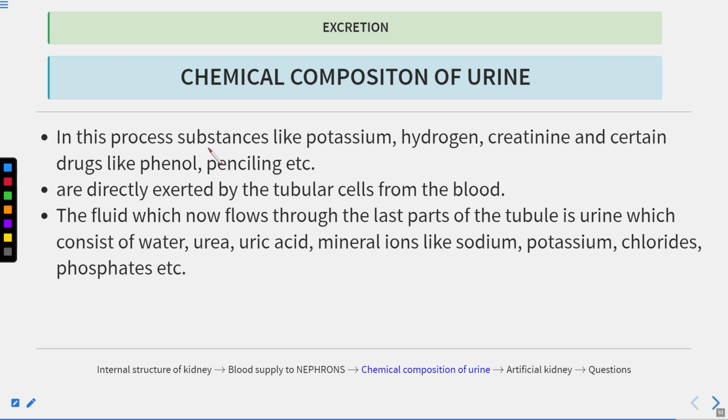Now, in the process, substances like potassium, hydrogen, creatinine, and certain drugs like phenols and penicillin are also expelled out. These are directly excreted by the tubular cells from the blood. Now, the fluid which flows through the last part of the tubule is known as urine. It consists of water, urea, uric acid, and mineral ions like sodium, potassium, chlorides, and phosphates. All right.